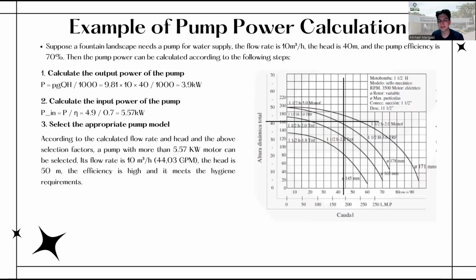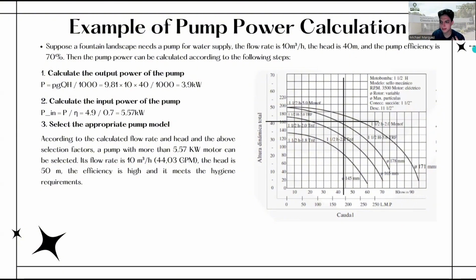There are some manuals where we can select the pump model through the power or through the head. In this case, we can select an appropriate pump model through the demand and the head.